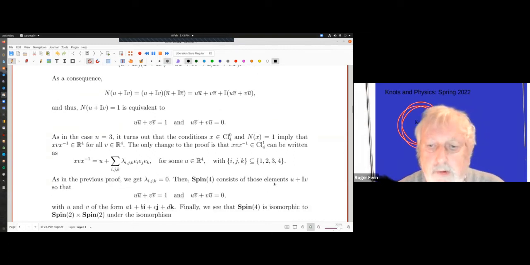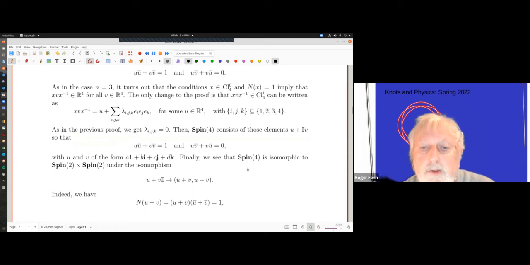Spin 4 consists of those pairs of quaternions which satisfy this condition here, u ubar plus v vbar equals 1, so we lie on a sphere of dimension 7. They also satisfy this condition here. So Spin 4 is isomorphic to Spin 2 cross Spin 2 under this isomorphism given here.